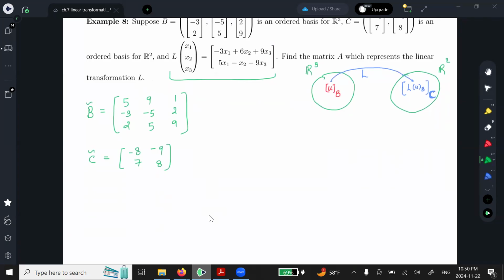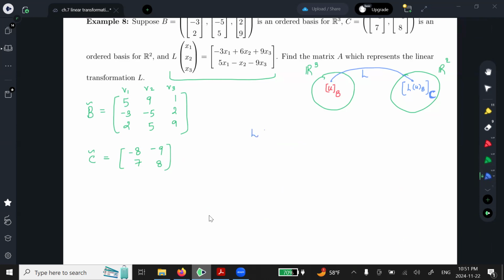They just don't give you the image of each vector in the ordered basis. They give you a formula for the linear transformation. So you have to find the image of each V1, V2, V3 in ordered basis B and find its image with respect to the ordered basis C.